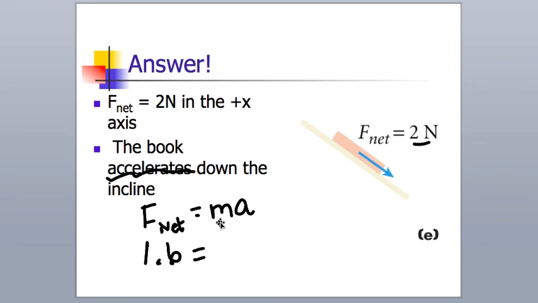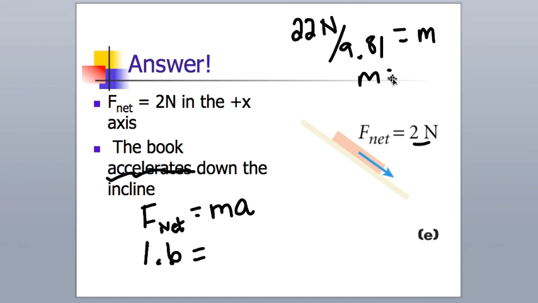The mass was not directly given in the problem. They gave me the weight force of the book, and so I'm going to have to find the mass by taking the 22 newton weight force and dividing by 9.81 to get the mass of the book, which ends up being 2.24 kilograms.